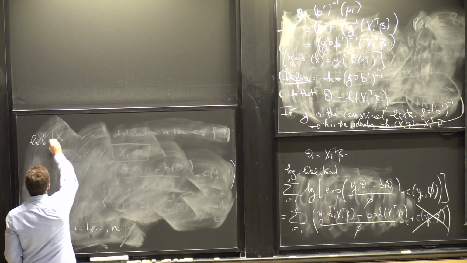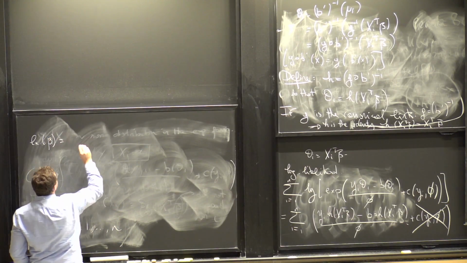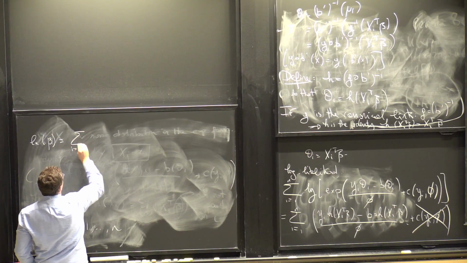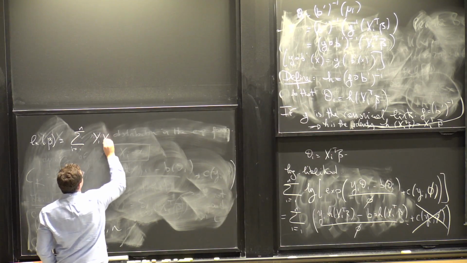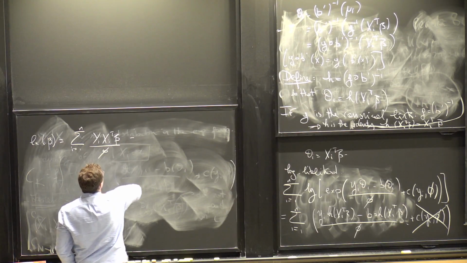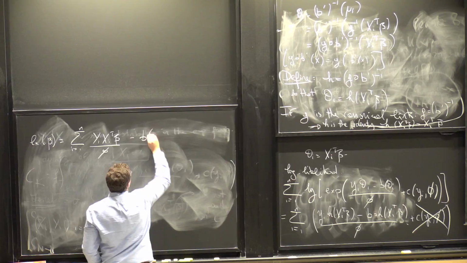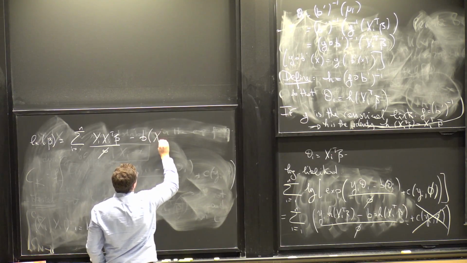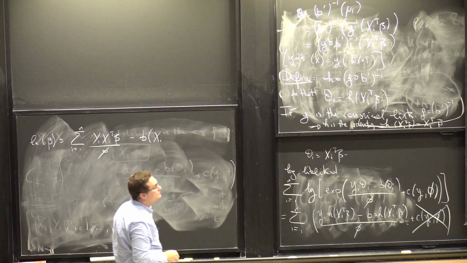So this is of the form L of beta, and that's equal to the sum from i equal 1 to n of yi xi transpose beta minus, with the phi here, b of xi transpose beta.